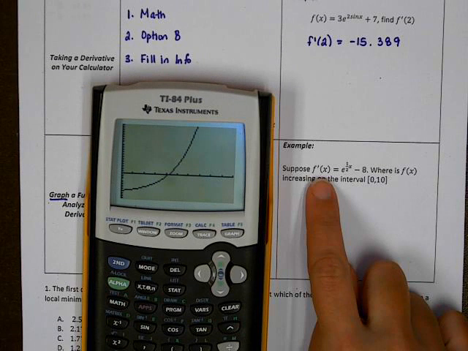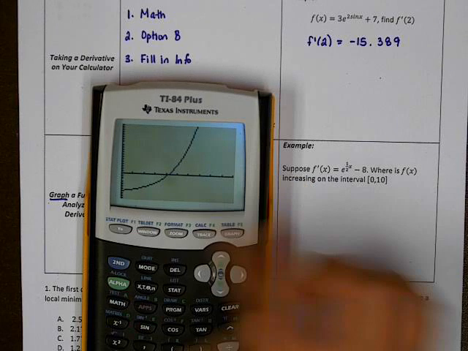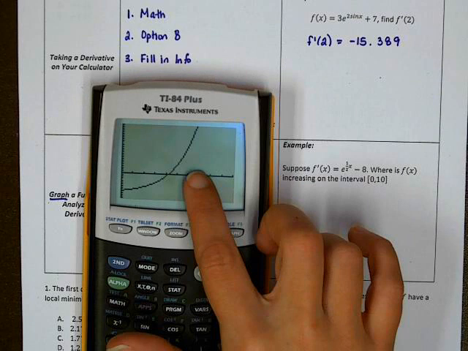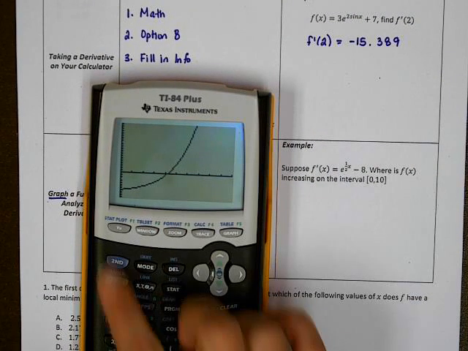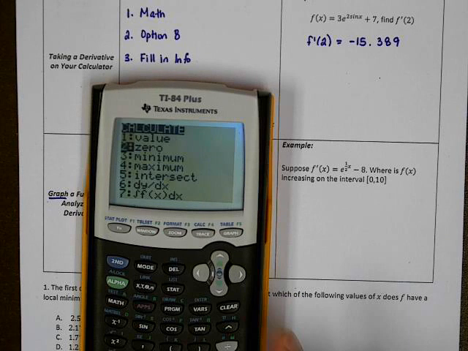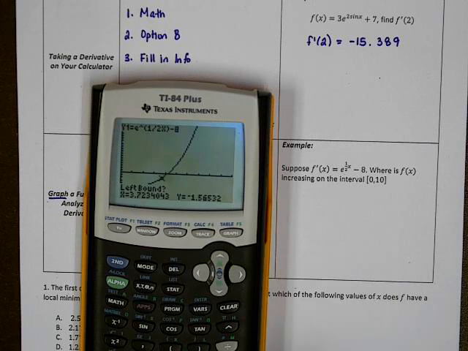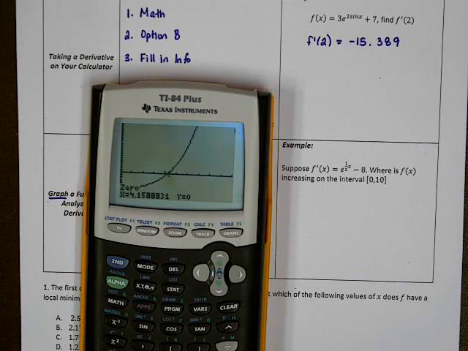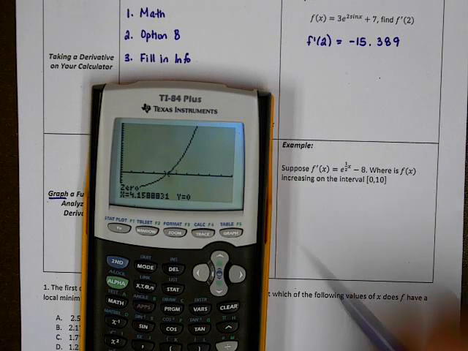So if this is the derivative, where is the original increasing? Well, the original is going to be increasing whenever this graph is above the x-axis. So what I'm going to do is find this x-intercept. I'm going to go to calculate 0. I'm going to choose a number a little bit to the left, a little bit to the right, and I'm going to hit enter, which tells me that I'm going to be increasing from this x value all the way to 10.